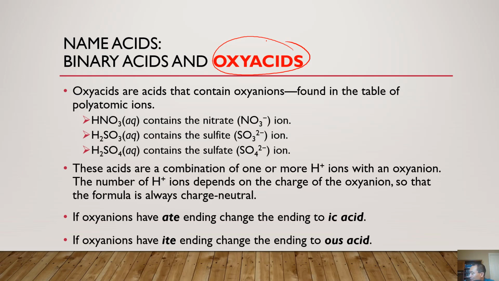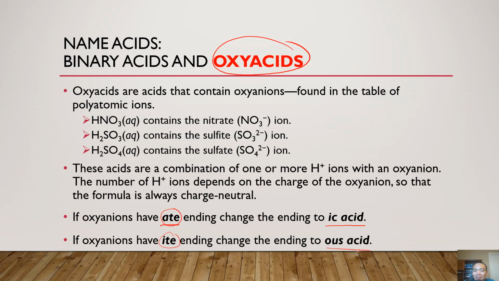For example, if the oxyanion, or polyatomic anion, has an ATE ending, you change ATE to ic and keep everything else untouched. If the oxyanion has an ITE ending, then you change the ending to OUS acid.